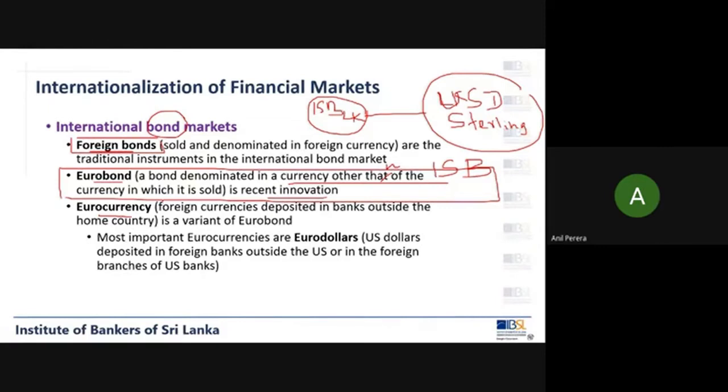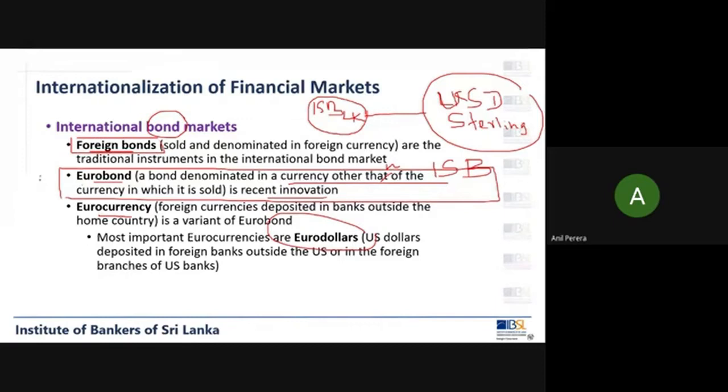They deposited such money in European banks, in London, in Frankfurt, likewise. So when you deposit your own currency outside the home country, it becomes euro currencies. As I said, euro dollars are the most famous, because US dollars are deposited outside the US, especially in European banks.